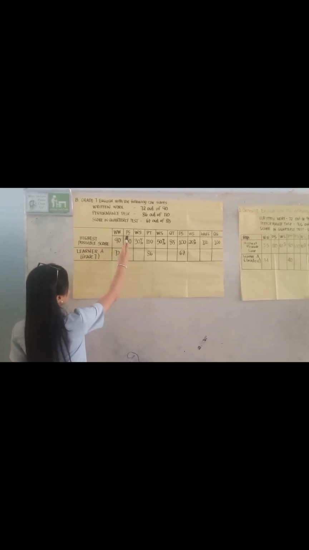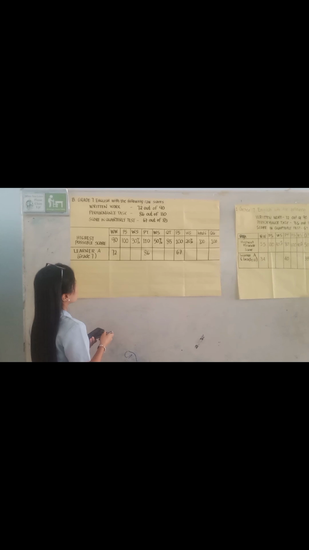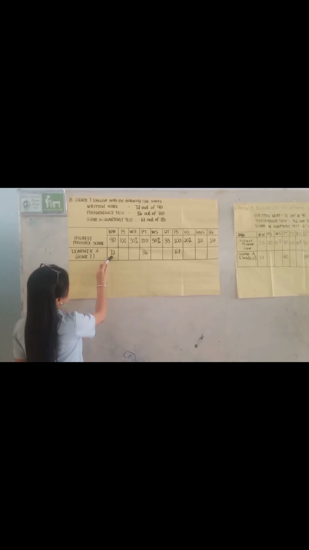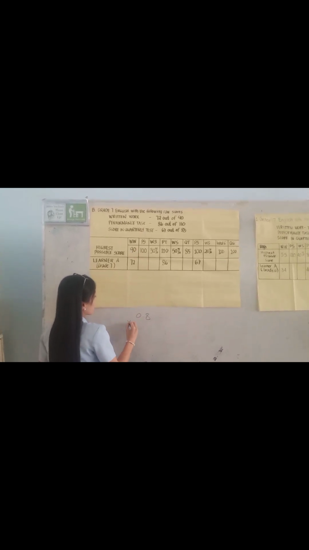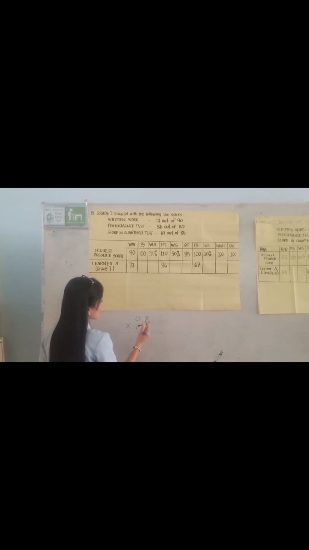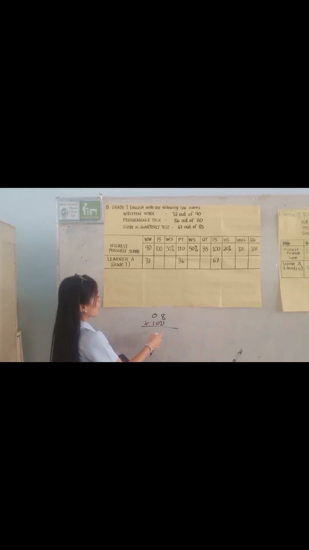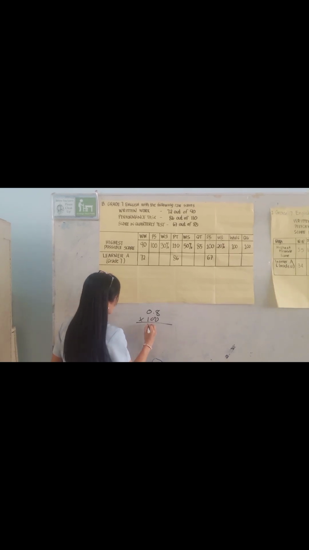In order to get the percentage score, we're going to divide 72 by 90, which is equal to 0.8. To get the percentage score, we multiply by 100. So 0.8 times 100 is equal to 80.